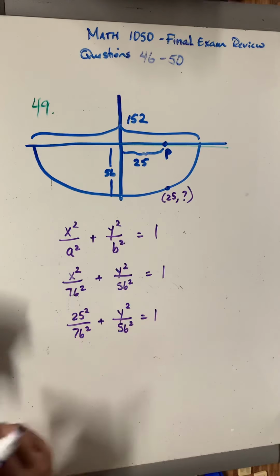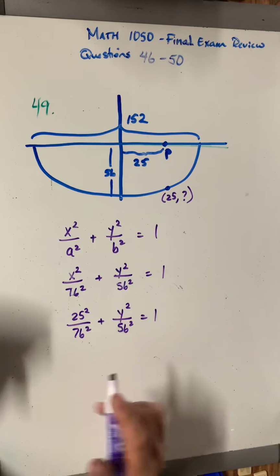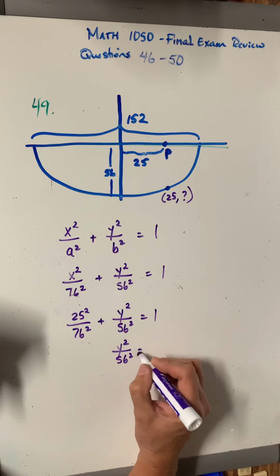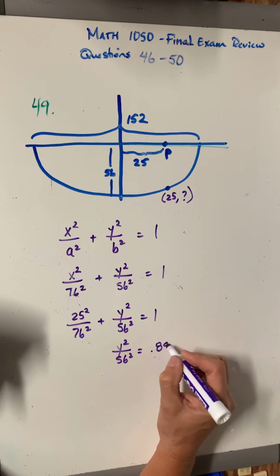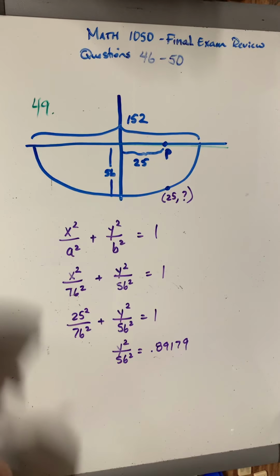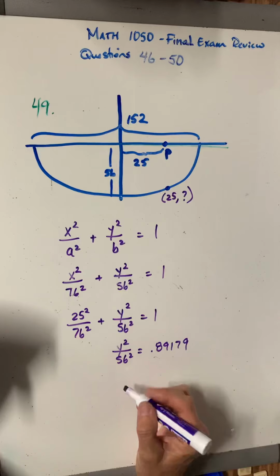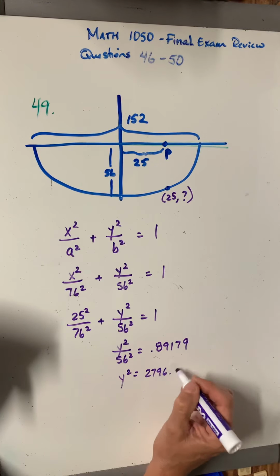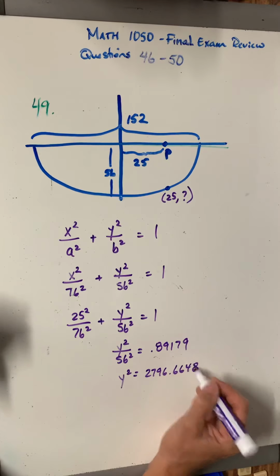And if I subtract that from 1, then I'm going to end up with y squared over 56 squared equals 0.89179. Now I'm going to times that by 56 squared. I get y squared equals 2796.6648.